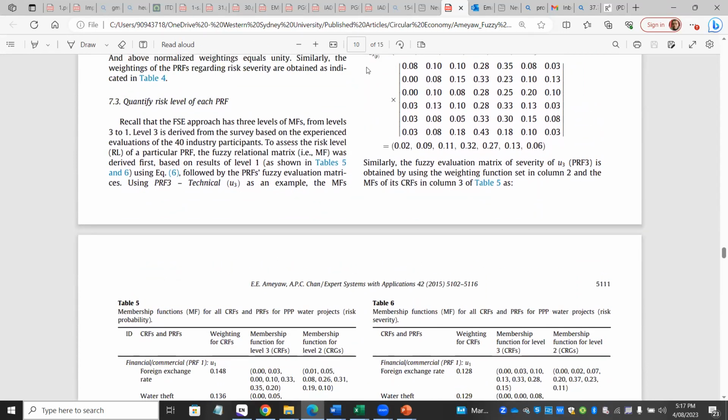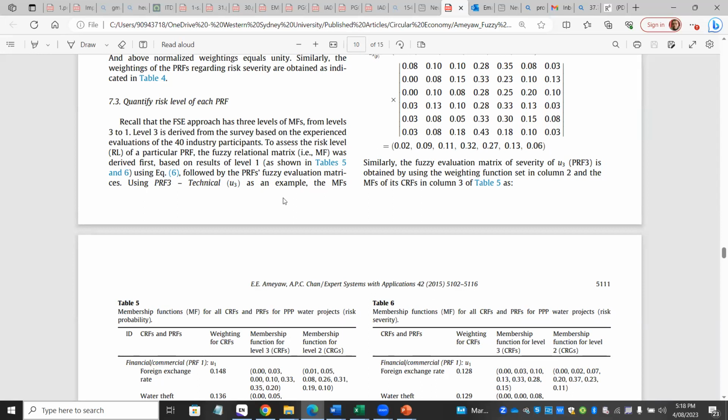Then what again? To assess the risk level of a particular group, the fuzzy relational matrix was derived first based on the results of level 1. So we determine level 1 and level 2 soon, using equation 6, which is the combination of table 5 and 6, followed by the principal risk factors fuzzy evaluation matrices.